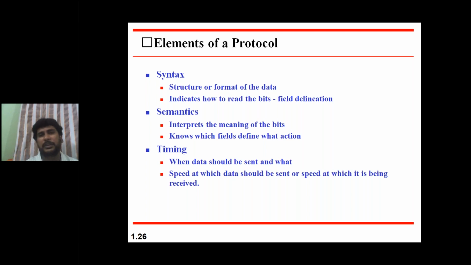Or you take our landline number, 040 indicates Hyderabad. Then the first 4 digits indicate the regional exchange, and the last 4 digits of the number indicate the individual subscriber identity, right? So the 11 digits in your telephone number are a syntax. We divide it into three parts: STD code, regional code, and your individual subscriber.